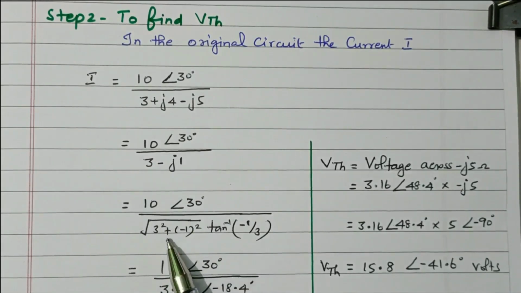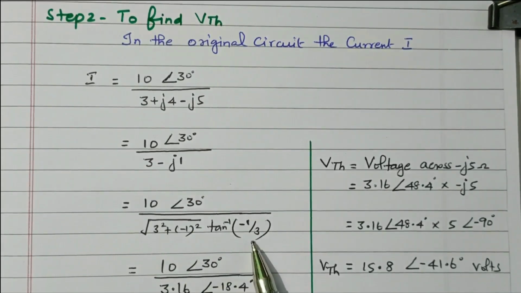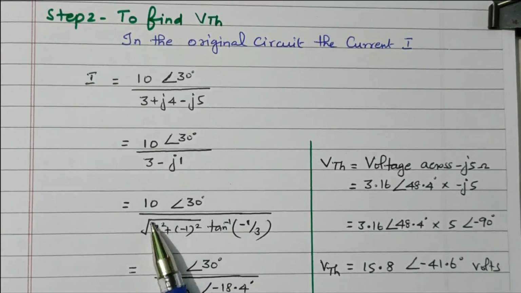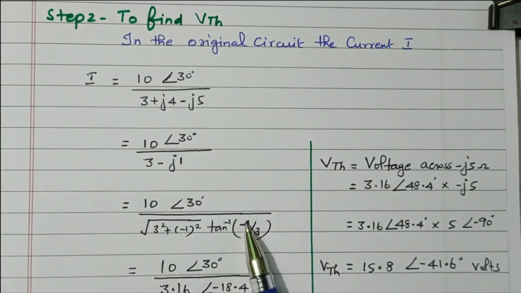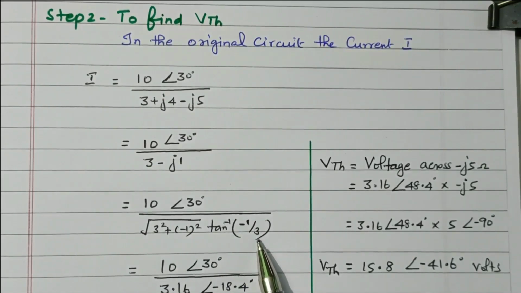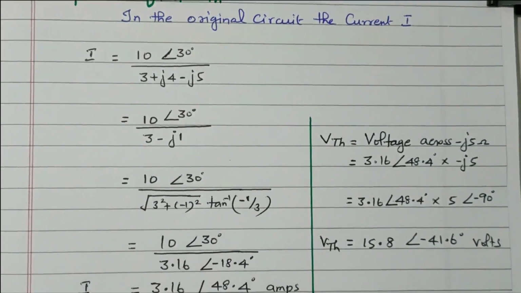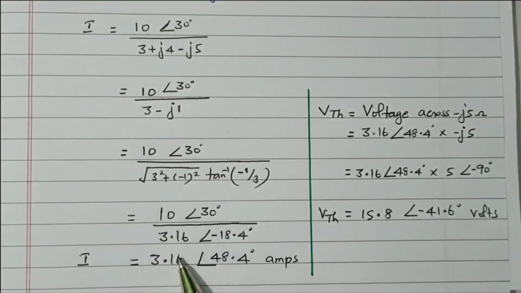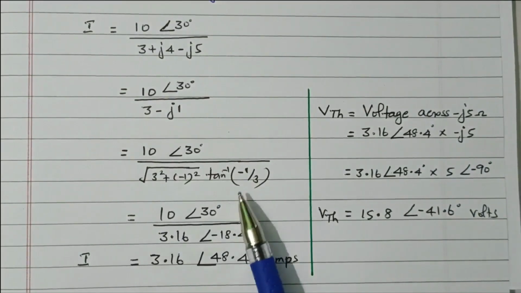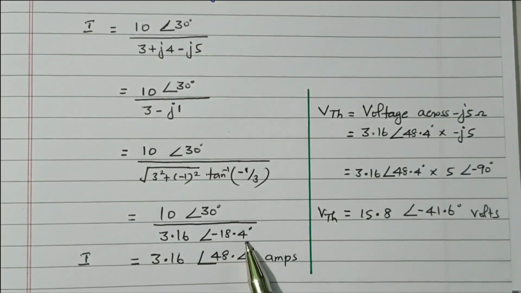How to convert? We need the magnitude and the angle. Magnitude is the square root of 3 square plus 1 square, real term square plus imaginary term square. The angle is tan inverse of b by a, imaginary term divided by real term, minus 1 by 3. After simplification, this value is 3.16 and the angle is minus 18.4.